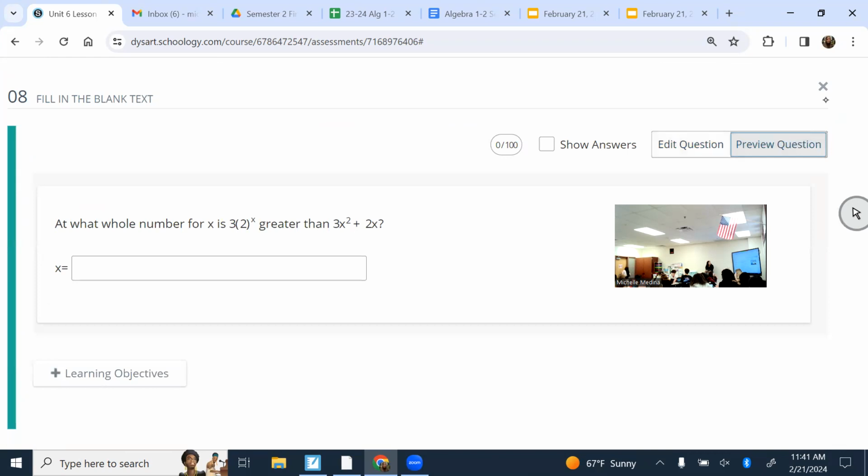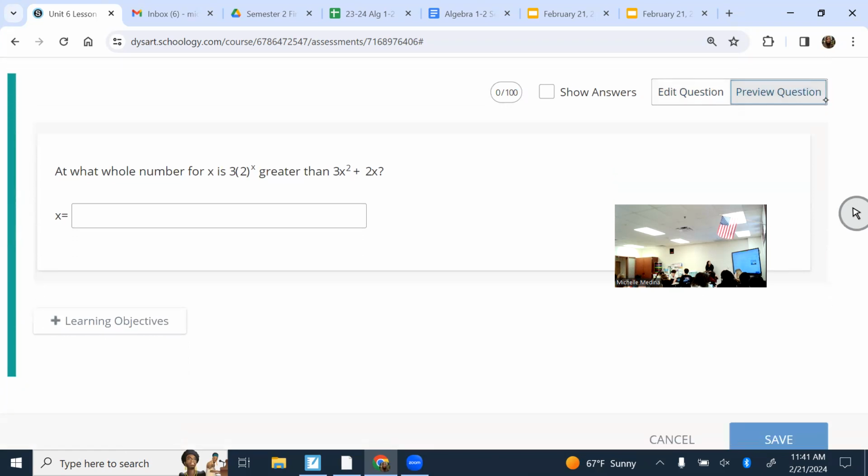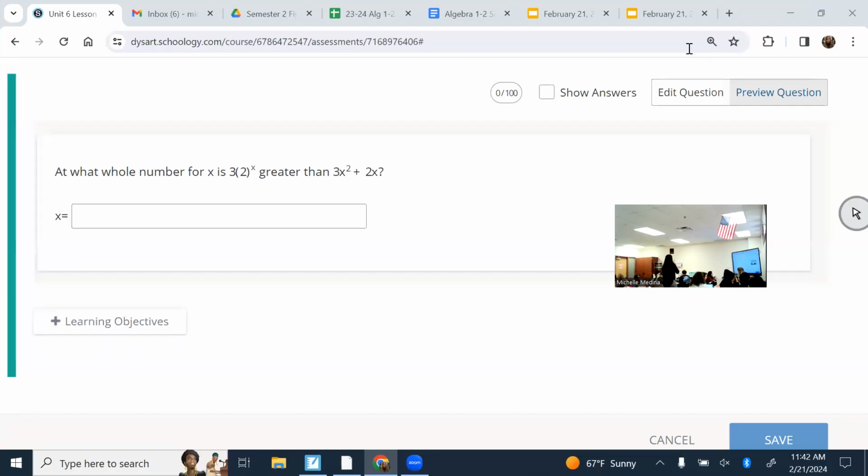So we have: at what whole number for x is 3 times 2 to the x greater than 3x squared plus 2x? You have a few options for problems like this. The one that I think would be easiest is to make a table for both. So my inputs would be whole numbers.